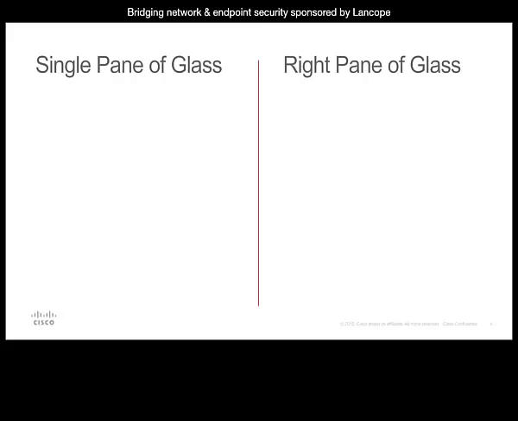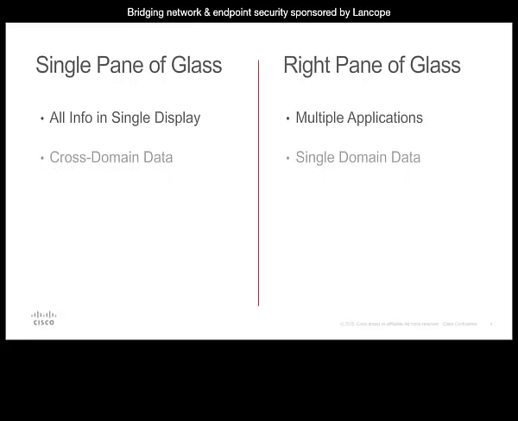And I want to talk about why, and really an alternate approach that does work. So one of the challenges or the goal of single pane is to put everything in a single display, and then the alternate approach is using what I call the right pane of glass, or the right pane at the right time. And so that's using different applications, but stitching them together using some type of connective tissue.